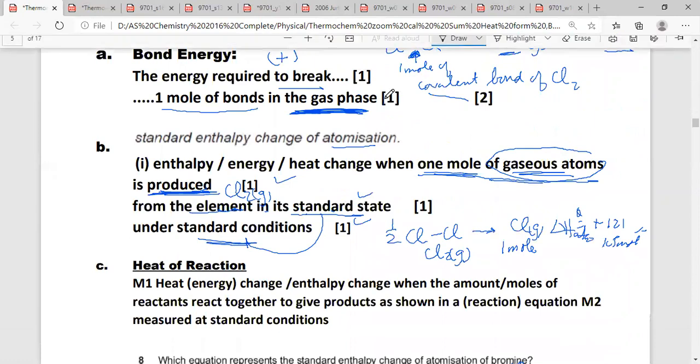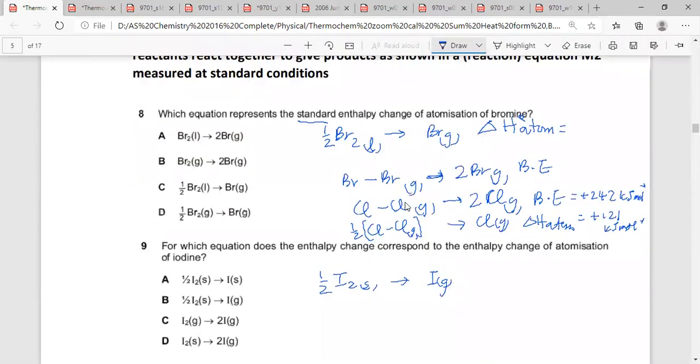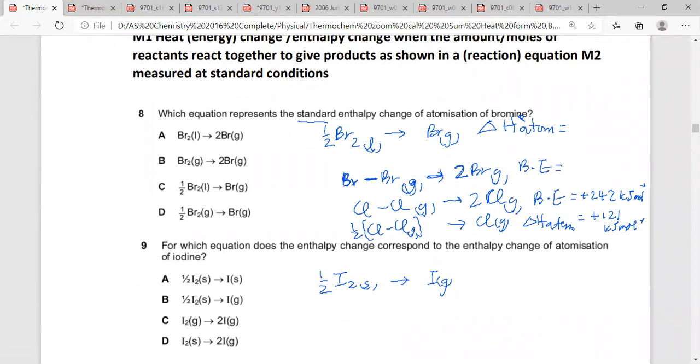That means the bromine, chlorine, all must be in the gaseous phase. This is a bond energy: 1 mole of covalent bonds broken in the gaseous phase, Br2, to give 2 moles of Br.